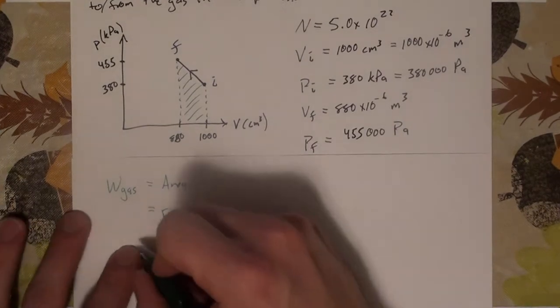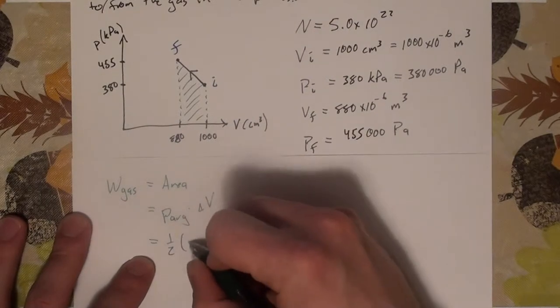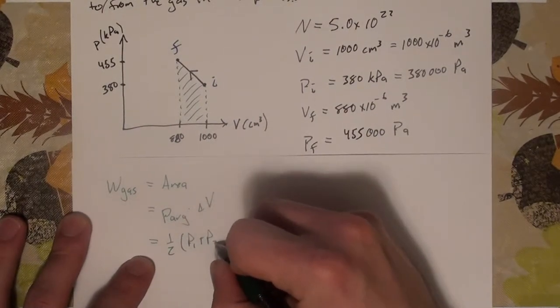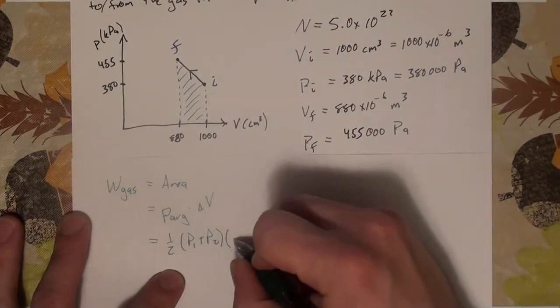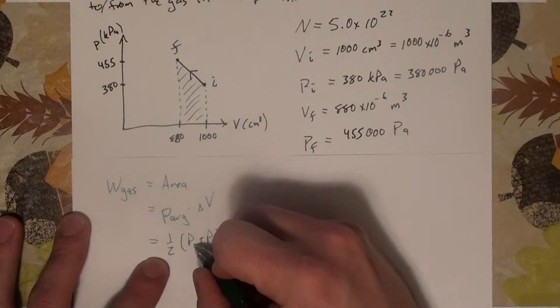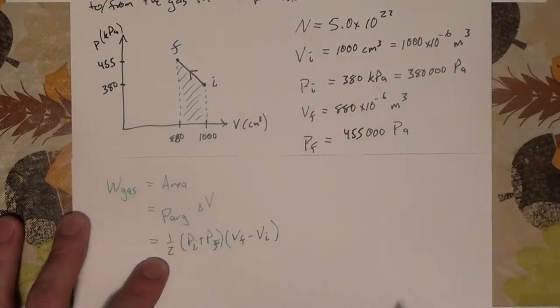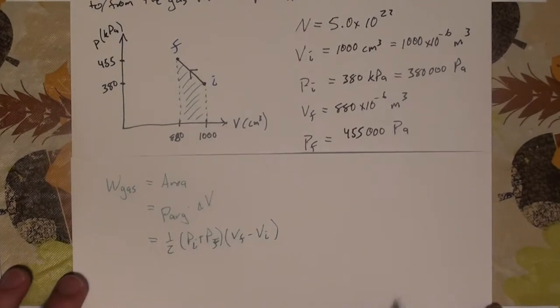Okay, so we can just plug some numbers in for that. P average is half of the sum, that's how an average works. And delta V is V final minus V initial. Sorry, I should have called these initial and final here. Okay, so we can just plug these numbers in.